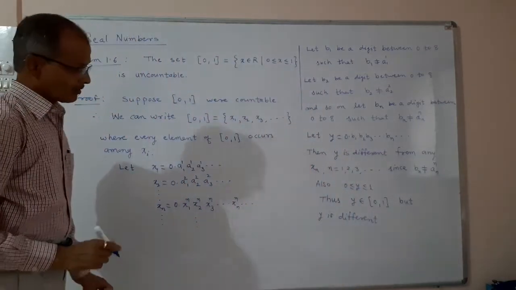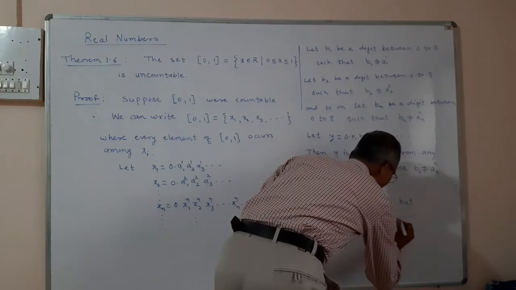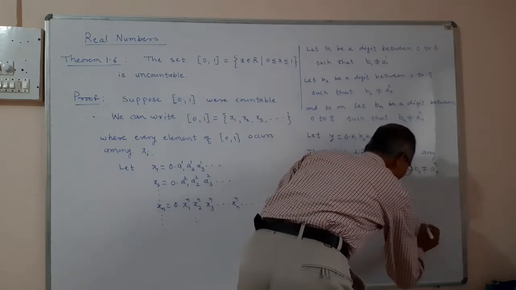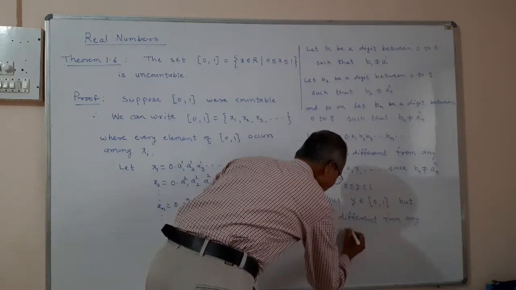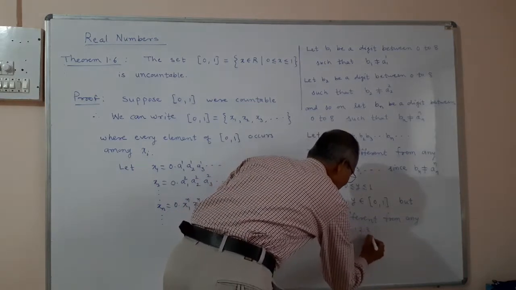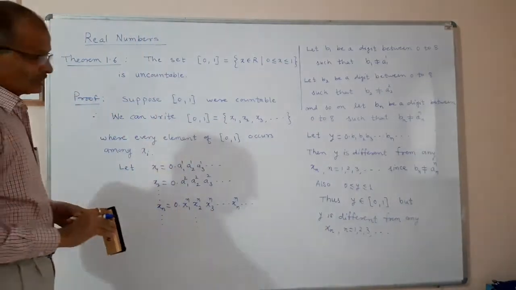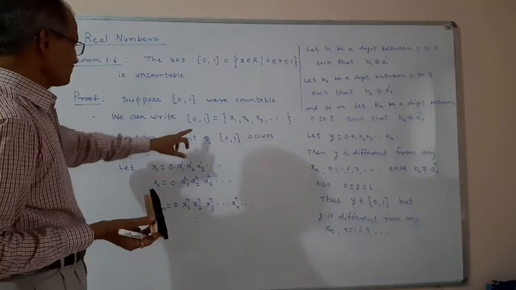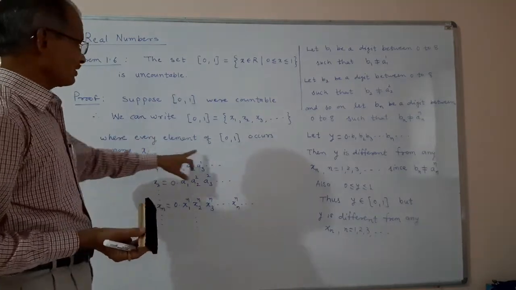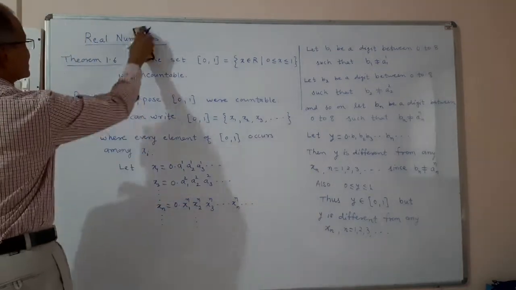Y is different from any xi, xn, n taking value 1, 2, 3, etc. So this is a contradiction to our assumption that every element of 0, 1 occurs among xi.